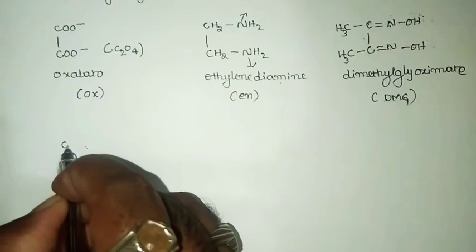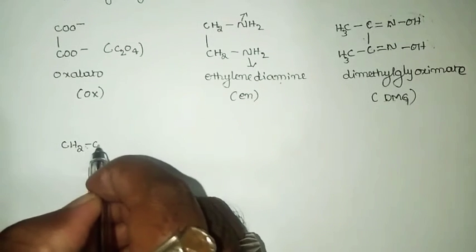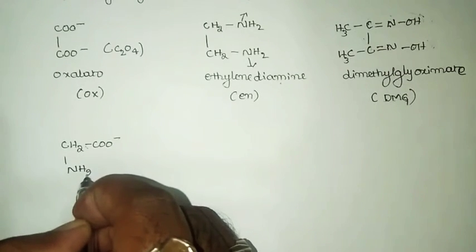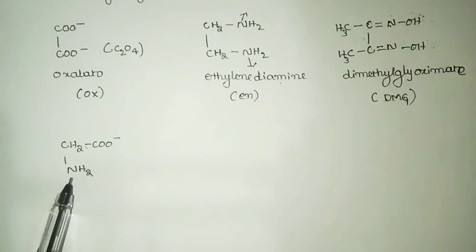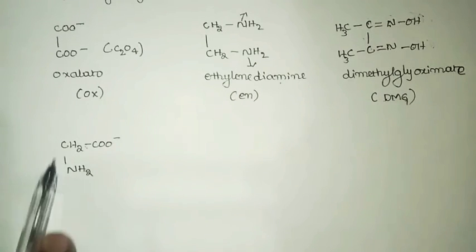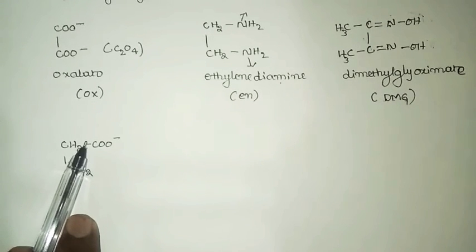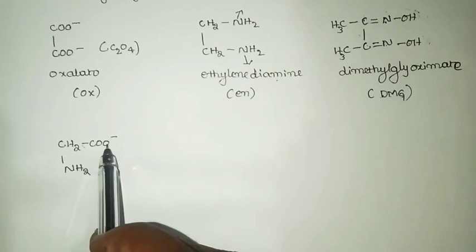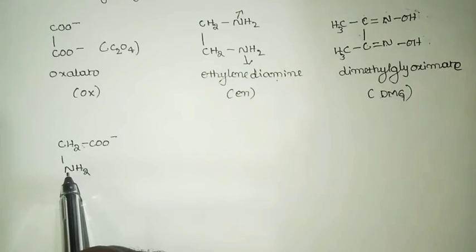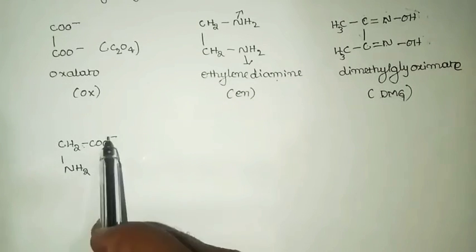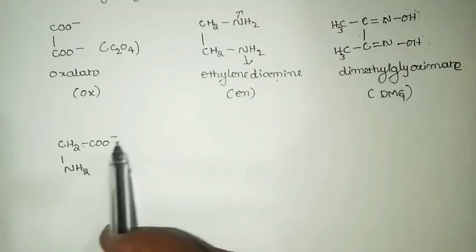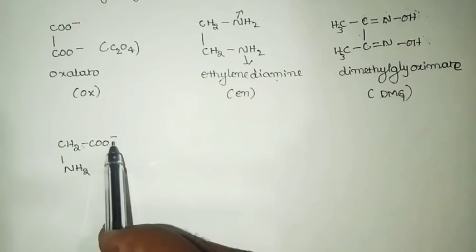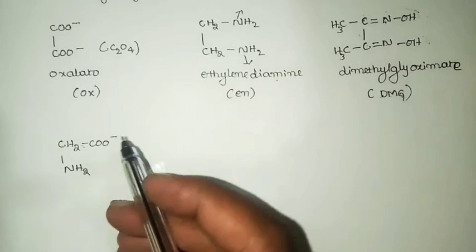Say CH2, COO minus and NH2. So hope you can notice this is the complete formula. This is the anionic form of the amino acid glycine. And here this negative charge will act as one ligating atom and this nitrogen atom will act as one more ligating atom. So totally two ligating atoms are there, but since it is carrying a negative charge, it comes under the negatively charged bidentate ligand.